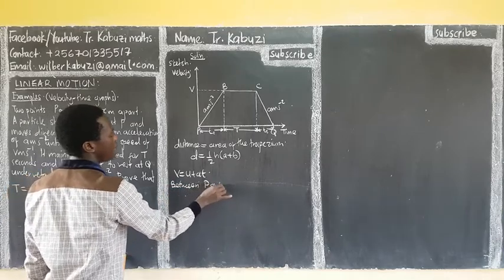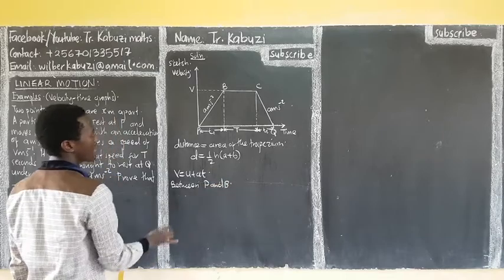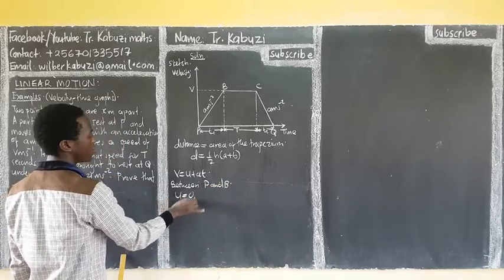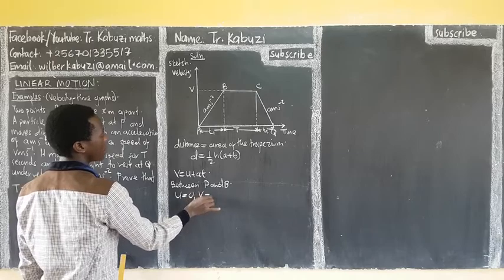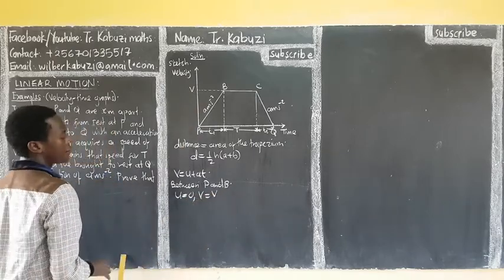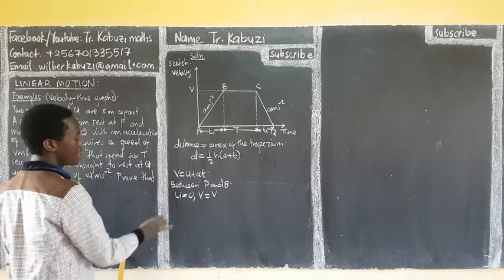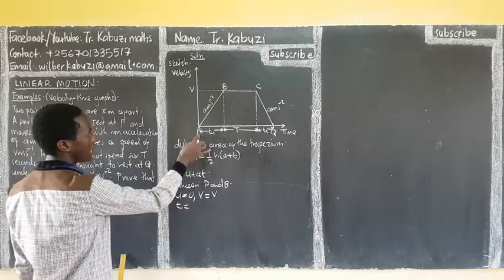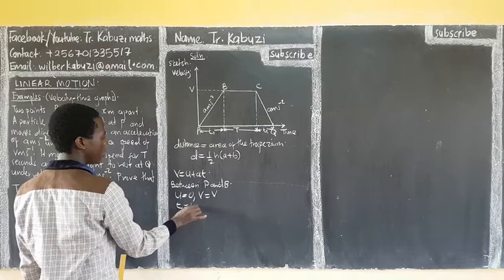Between P and B, the initial velocity there is 0, and then our final velocity is going to be the same velocity, which is V. Then what else? I need my time. The time from here up to here is T1.